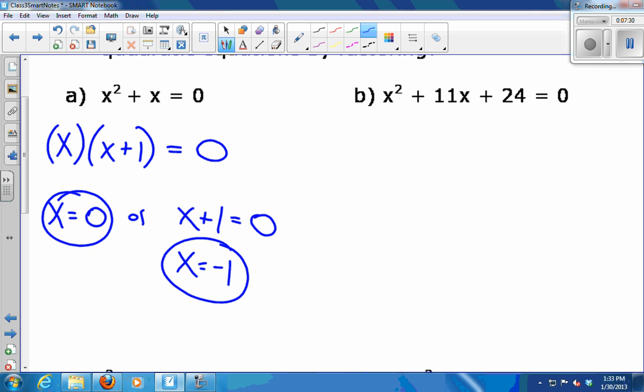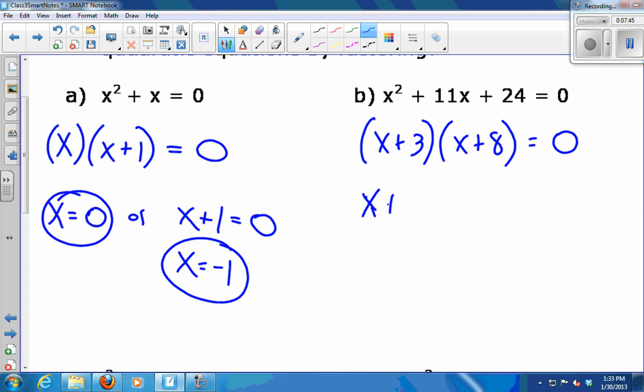Here, this one factored to x plus 3 times x plus 8. And so we have two things being multiplied together. The answer is 0. So one or the other factor has to be 0. And we get x equals -3 or x equals -8.